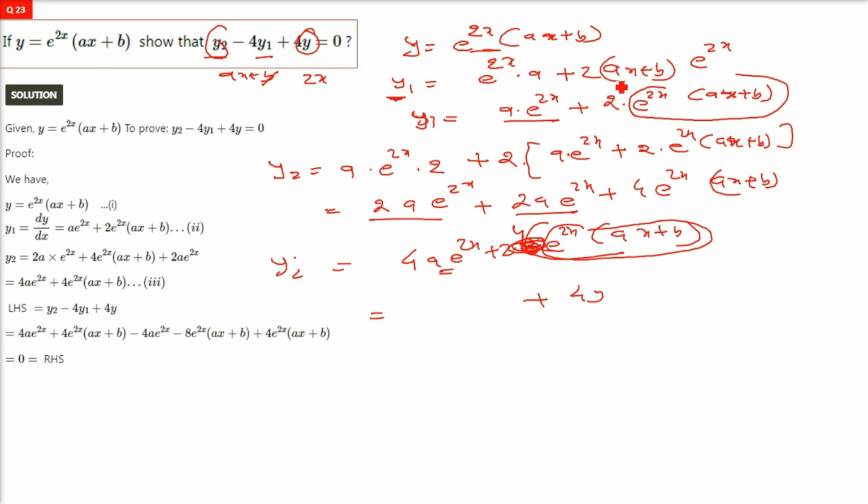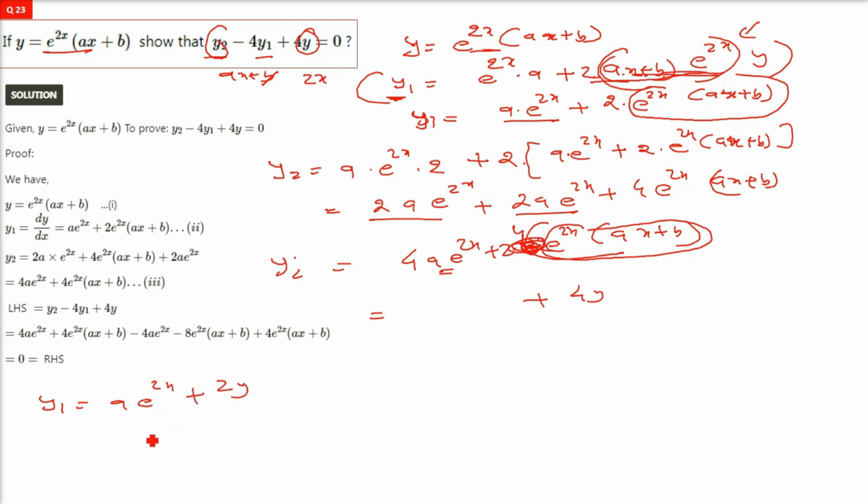In this y1, e raised to 2x times (ax plus b) is y only. So y1 can be written as a e to the power 2x plus 2y. I'm talking about this equation because I'm not getting to the solution, so I went again to y1, and found it to be a e raised to 2x plus 2y, since that whole part was y only.